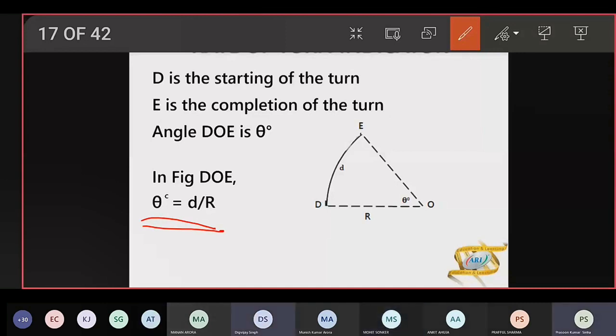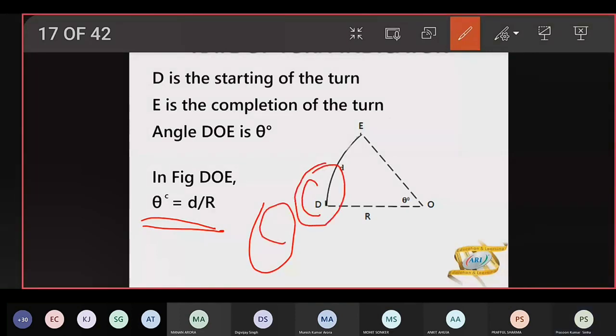Okay. When we are saying theta and there is a c written on top, this is radians. The symbol for radian, we can write it like this, c on top of it, or we can write rad for radian. So we already did this in the previous class.